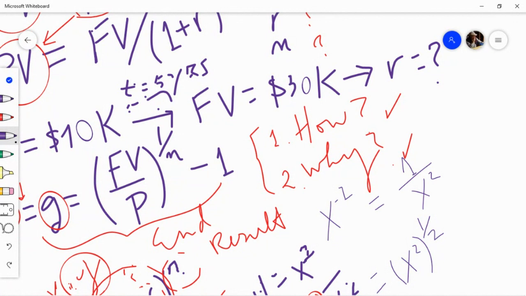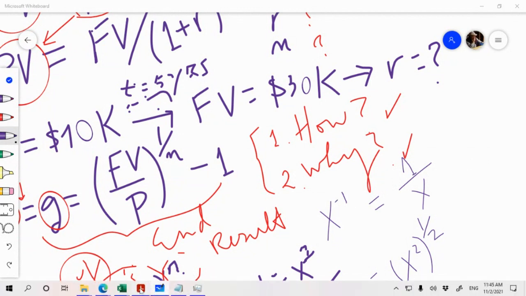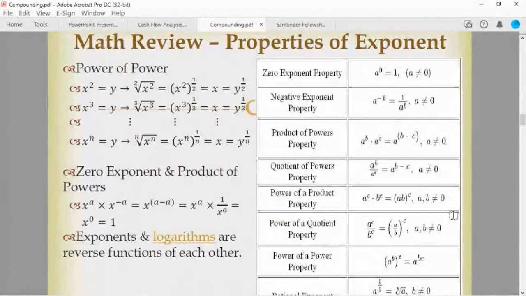And just like that, x to the negative 1 is simply 1 over x. Okay? That's the reciprocal, right? Negative exponent.